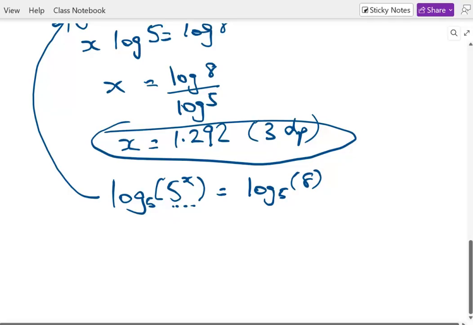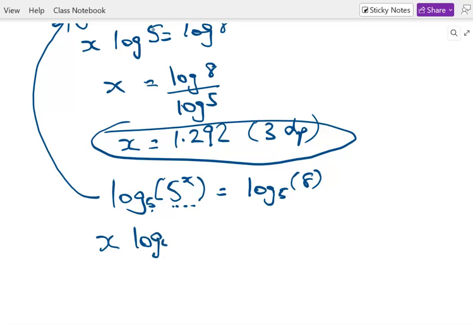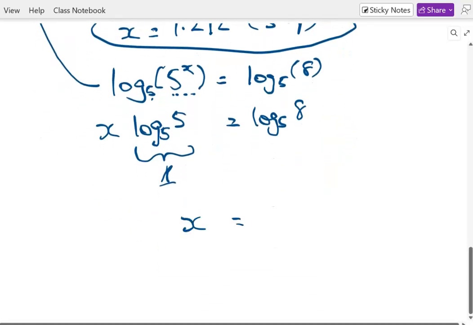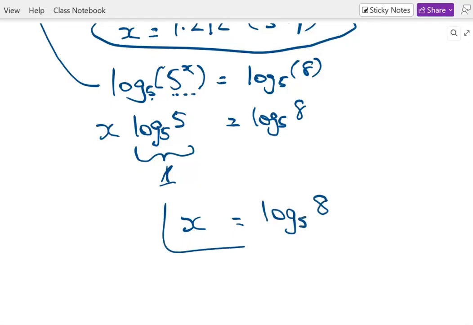So what logs mean, 5 to the power of what is going to give me 5? And this thing here is just 1, right? So that gives me an exact answer of x is equal to log to base 5 of 8.